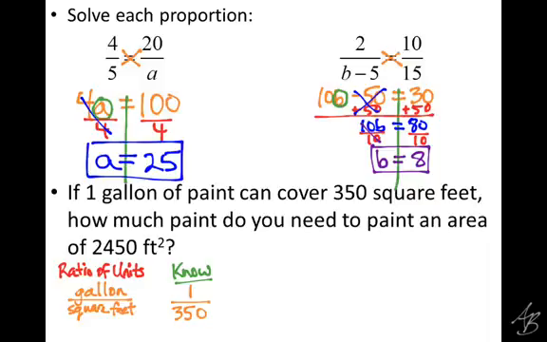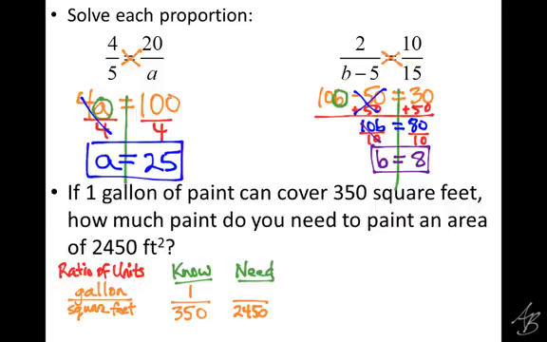And then we're going to have another ratio that's going to include something that we're trying to figure out. What's the other number that we do know? 2,450, and that is a number of square feet, right? That's the area that we want to paint. So where's that number going to go? That goes on the bottom, and on top is going to be what?